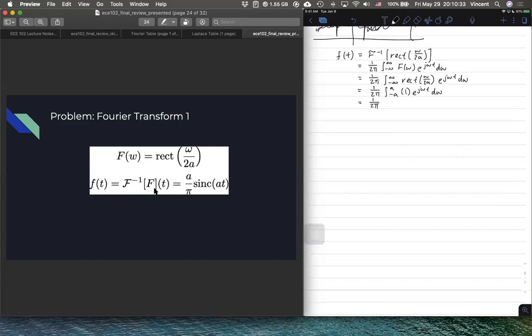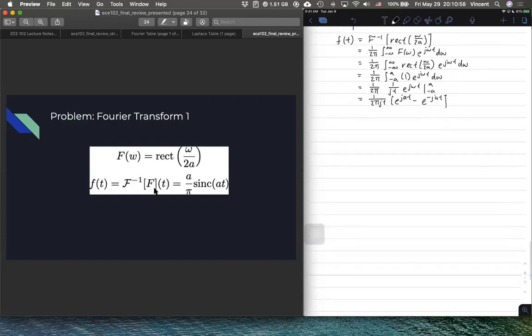We integrate the exponential term with respect to w or omega. Get that. E to the... So you notice it starts kind of looking like the sine expansion, right?